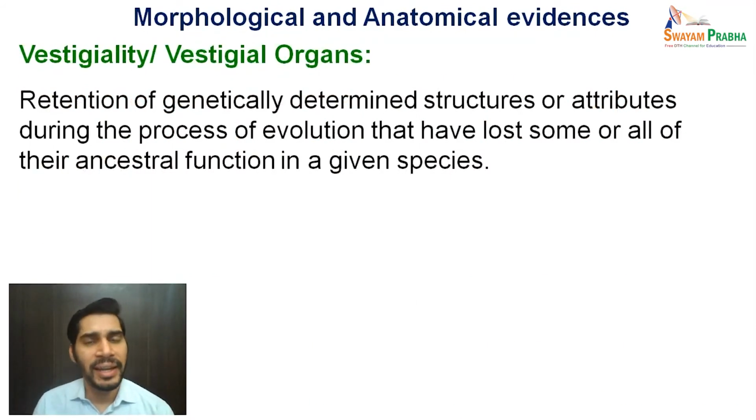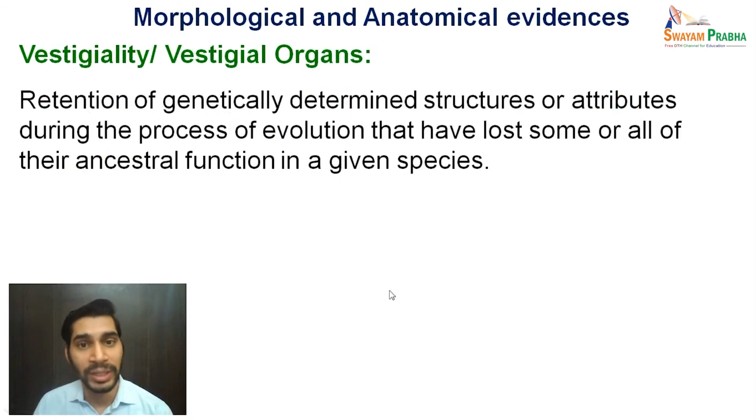Moving ahead, let us discuss what we call vestigial organs. A vestigial organ is the phenomenon of retention of genetically determined structures or attributes during the process of evolution that have lost some or all of their ancestral function in a given species.